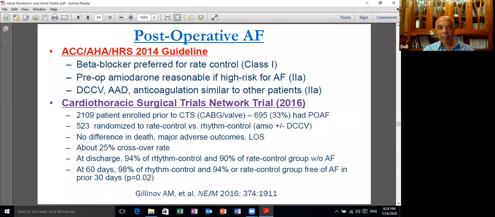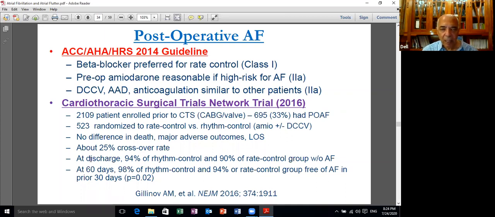So under these circumstances, it's left to the discretion of the treating physician whether to use rate control or rhythm control. What we do is evaluate the degree of symptoms of the patient. If he doesn't tolerate the irregularity, we cardiovert him and keep him on beta blockers or amiodarone.